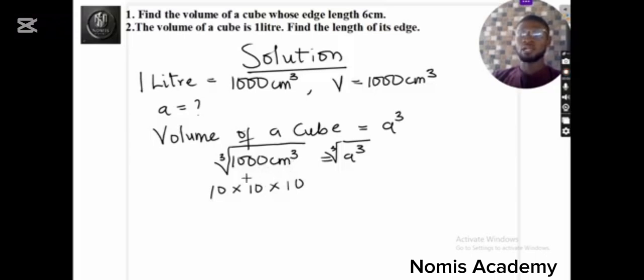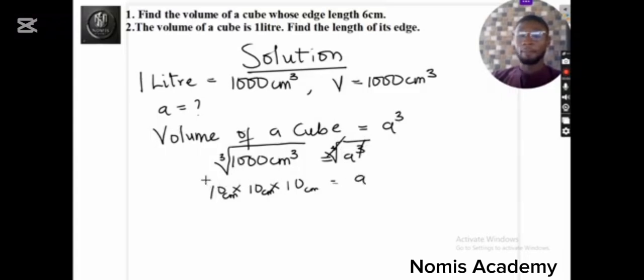What about centimeter cube? Definitely it is centimeter. The same thing applies to cube root a cube. The cube root and cube are opposites of each other, so cube root will definitely cancel cube. So I'll be left with a.